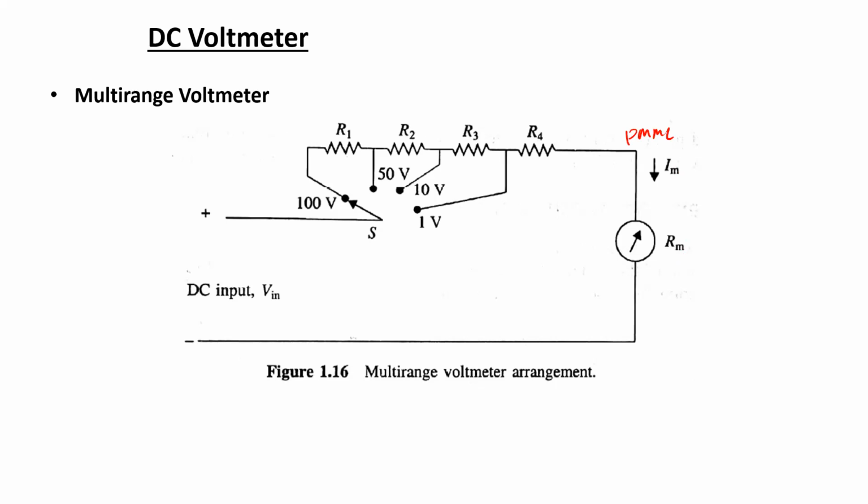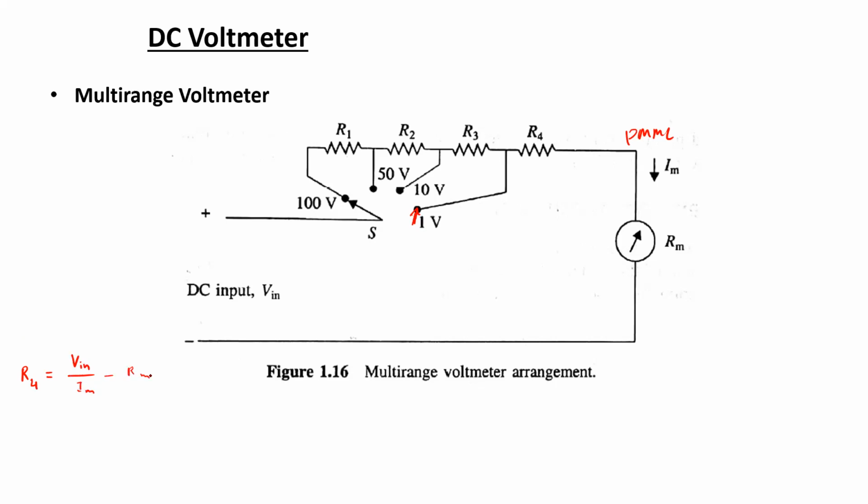So again, the PMMC portion is going to have a fixed value of Im and Rm. Now first of all, in order to determine the resistance required to give this range of 1 volt, that can be easily done by following the same process mentioned in the previous slide. That is Vin by Im minus Rm.